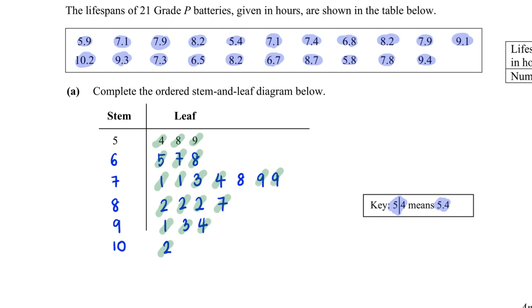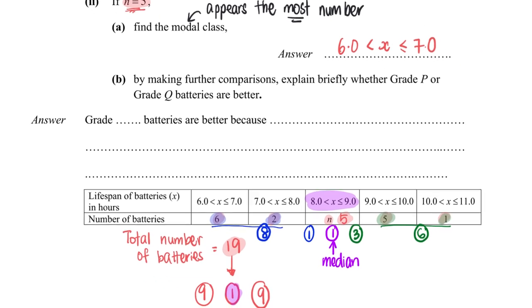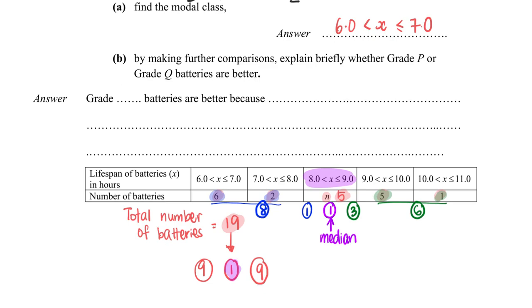Slowly, you can see that we will be able to locate where is the median, which is 7.8 hours. Combining these two data, then I can see which one is better. For a battery, the longer the better. And for grade Q, the median is more than 8. Grade P, the median is 7.8, which is less than 8.